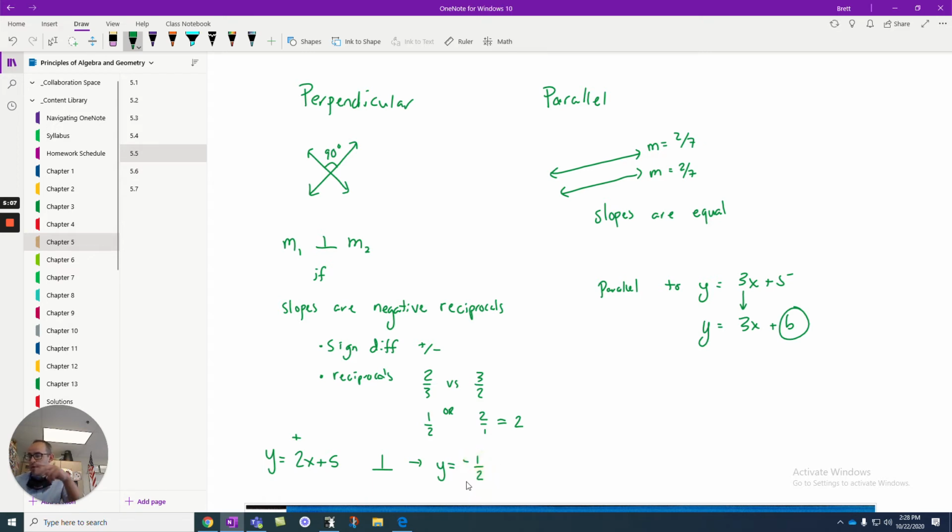I flip the 2 upside down, I get negative 1/2 x plus some unknown b. I still have to find b, but I can tell the slope by using specific words, perpendicular and parallel.